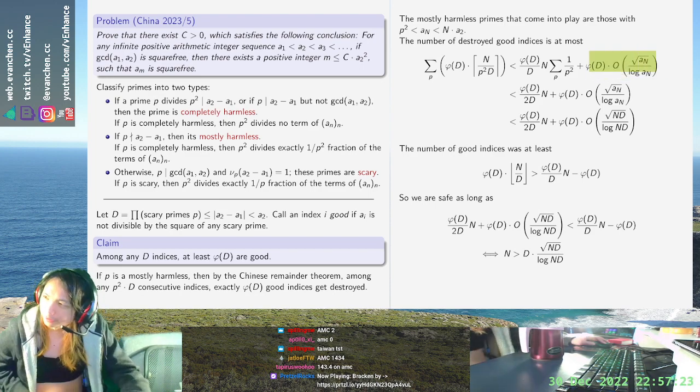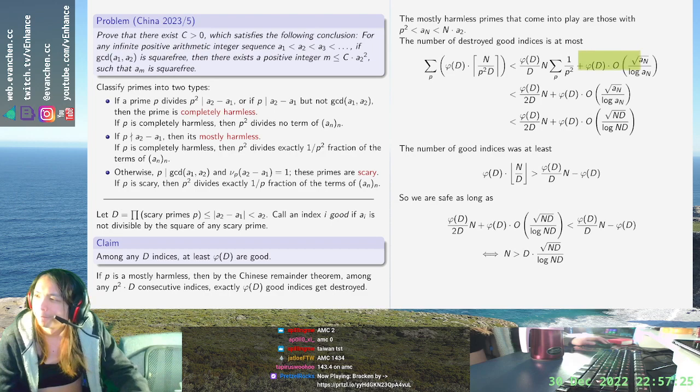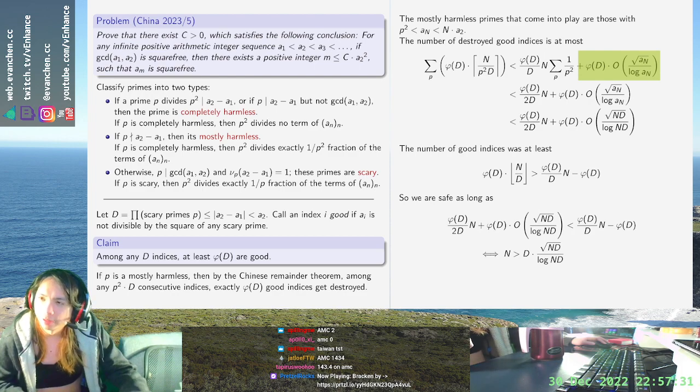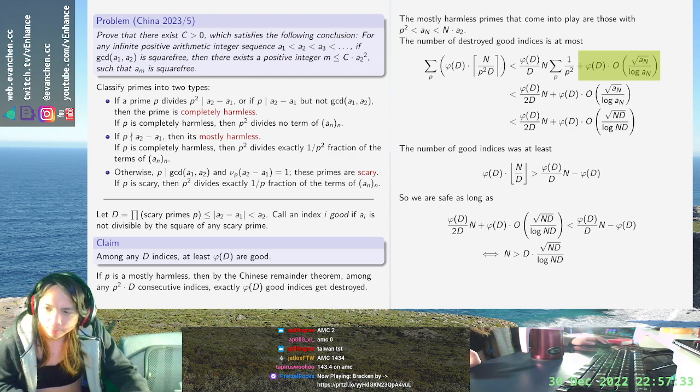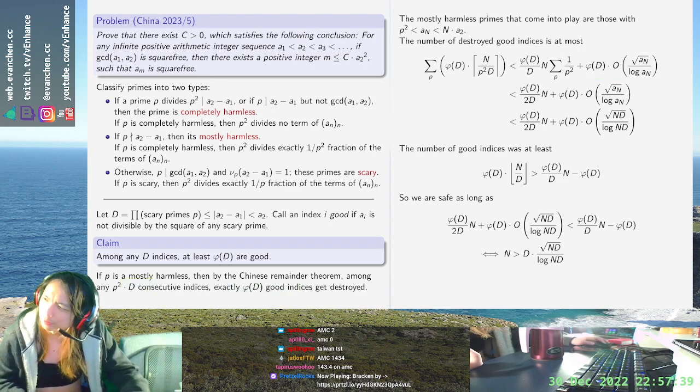I had this error term. Okay, in the destroyed indices calculation, I had an error term due to incomplete cycles. If I have, among this many exactly phi of D get destroyed. No, I can't. Can I improve this?